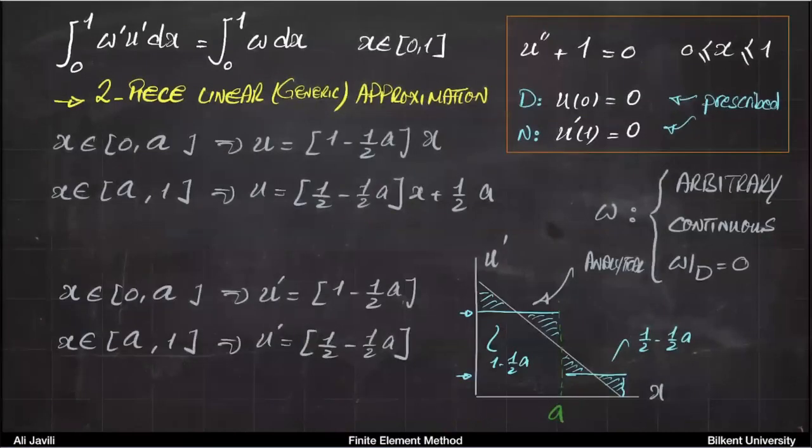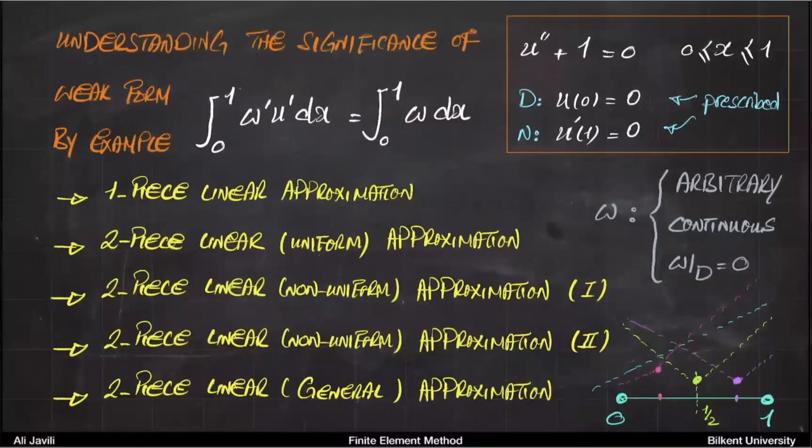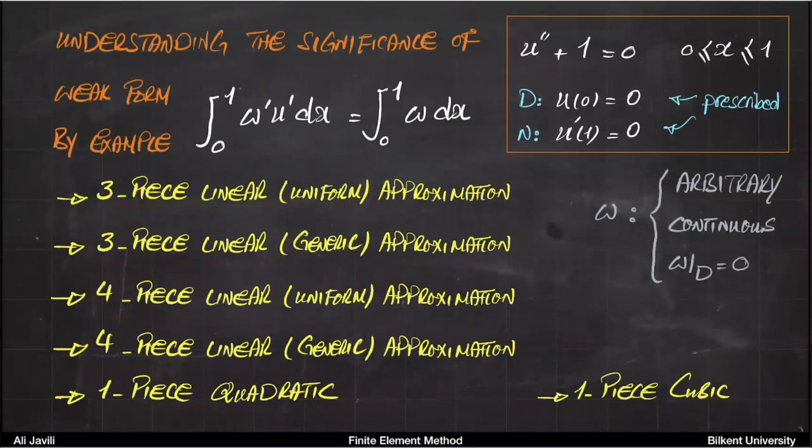Okay, so now let's go back to our problem. What we want to do next is to go to a different approximation. So we have one piece linear, two piece linear for different points.